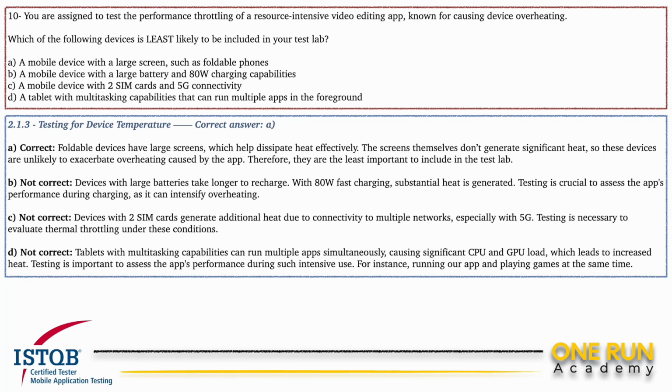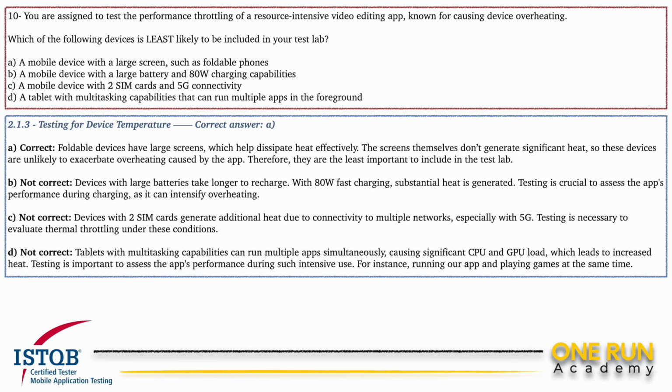Plus, screens themselves don't typically produce that much heat anyway. Surely, there's nothing particularly unique about foldable phones or phones with large screen sizes that would exacerbate the overheating caused by our resource-hungry app. So, this makes option A the least important device to include in our test lab, and maybe we should keep it in mind as a very good candidate to be the correct answer to this question.